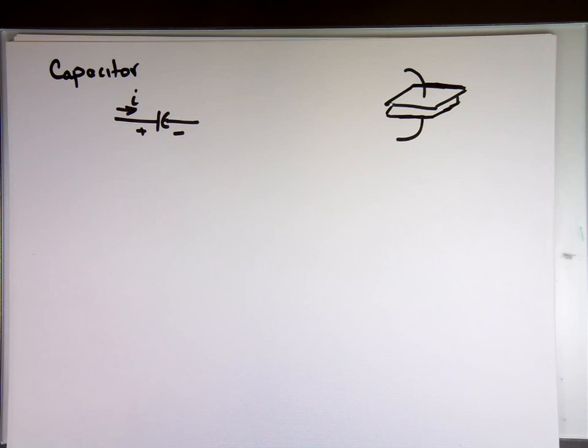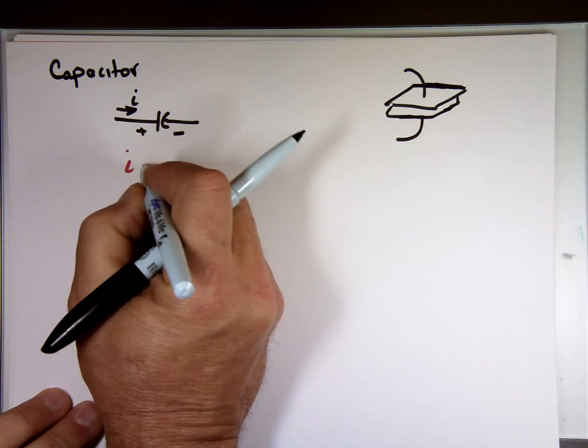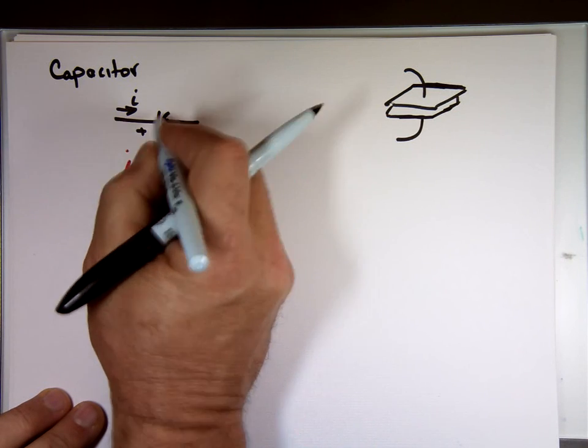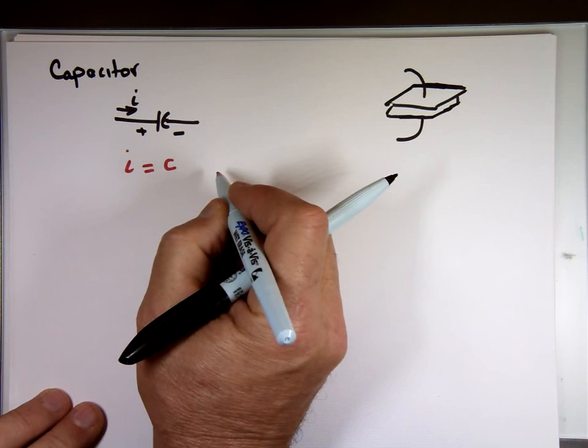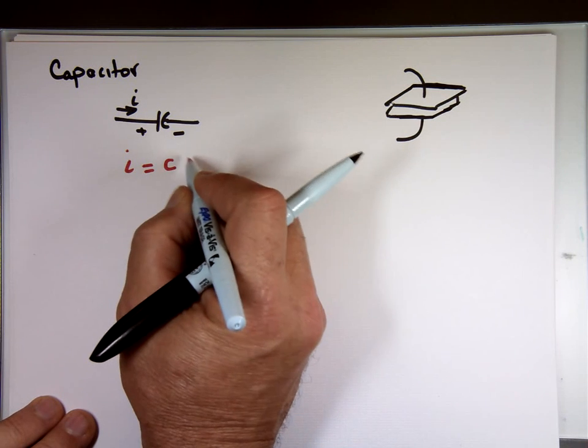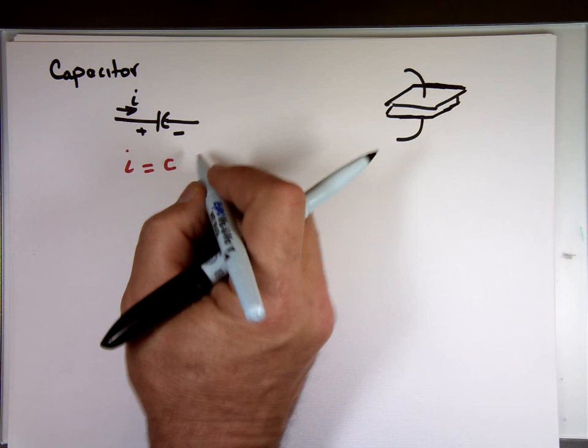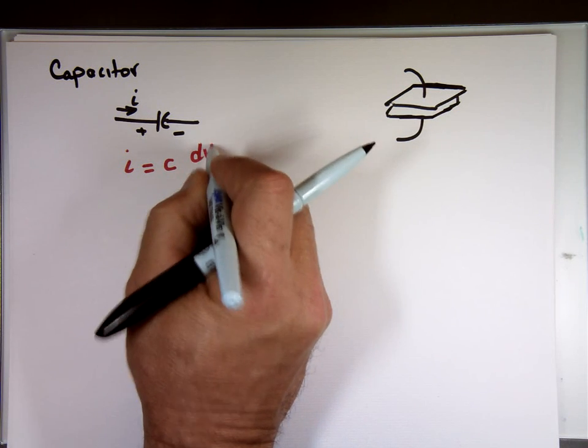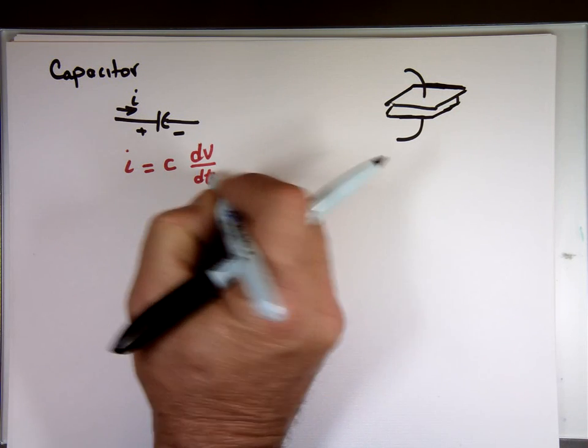Now, the current through a capacitor is equal to C, the value of the capacitor. C is measured in farads, times the derivative of the voltage, the change in the voltage, dV/dt.